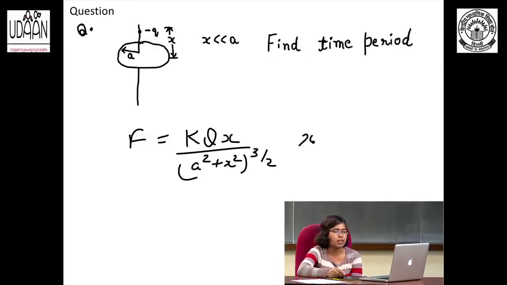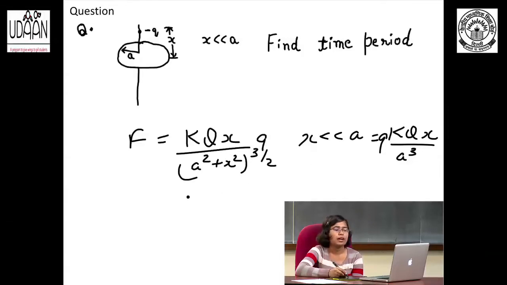Since it is given x is much less than a, the force turns out to be kqx upon a cube. We see that the force is proportional to x. Further, the direction of force is towards the equilibrium position, so we can say that the motion is SHM.